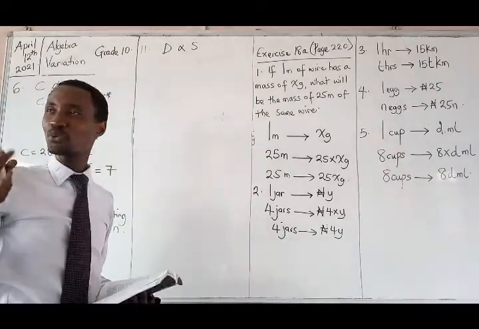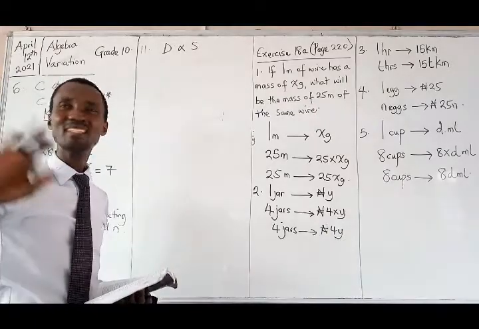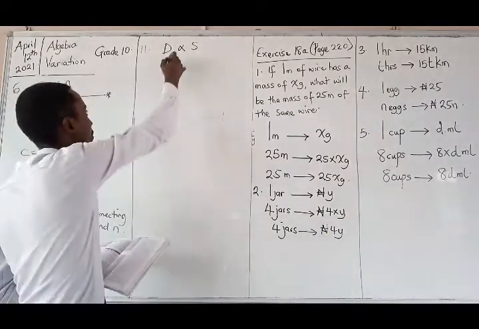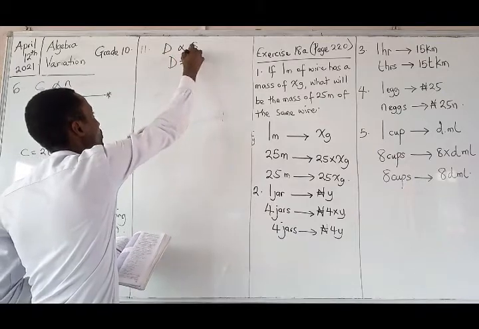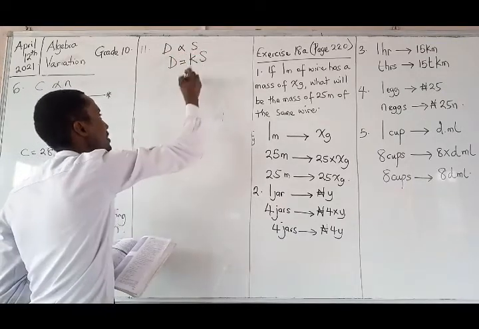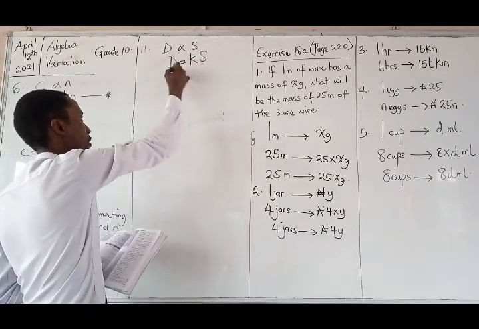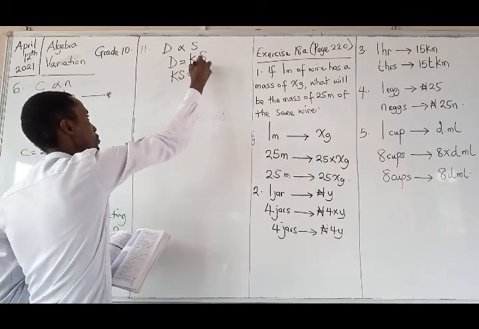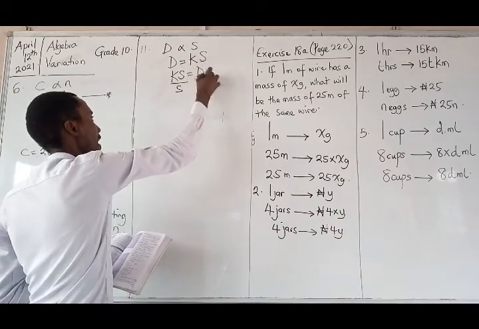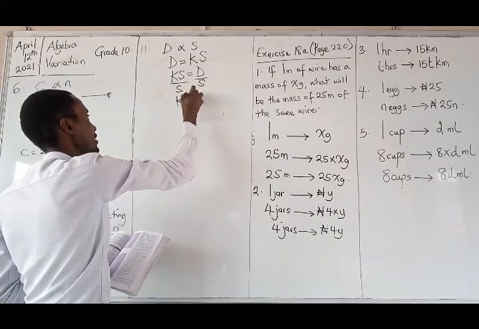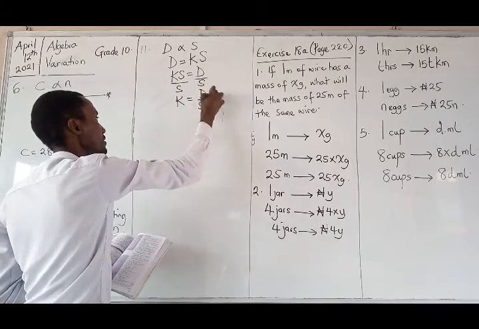Without reading anything further in the question, try to write out the equation. That will be D equal to kS. And then the next thing you try is to make k the subject of the formula. So kS is equal to D. I divide both sides by S, and k is equal to D over S.